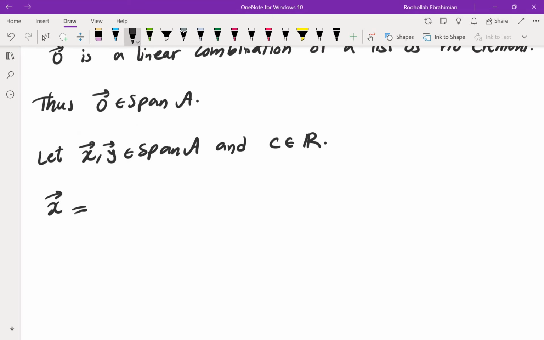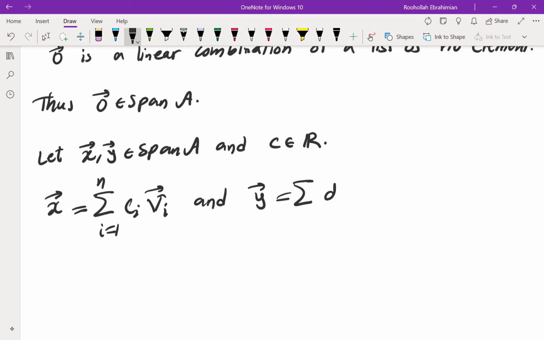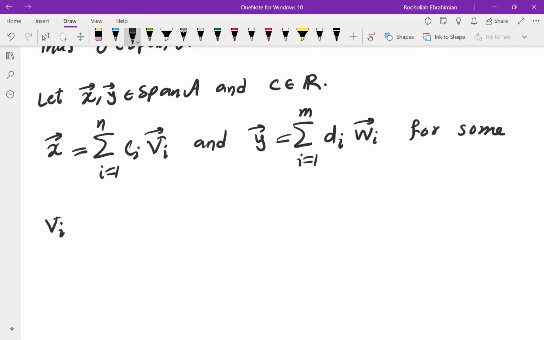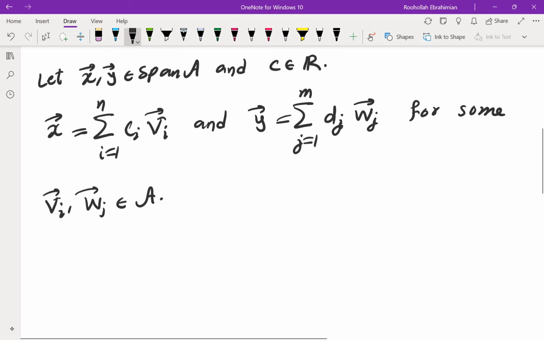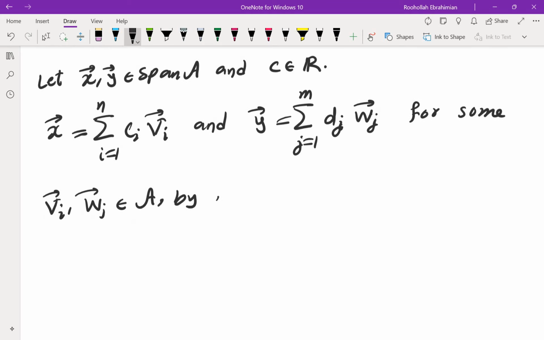It means X is the sum of Ci Vi, i equals 1 to n, and Y is the sum of Dj Wj, j equals 1 to m, for some vectors Vi and Wj inside A. That's just by definition of span of A.